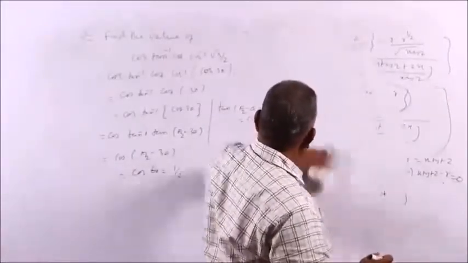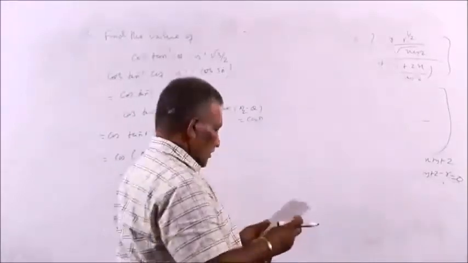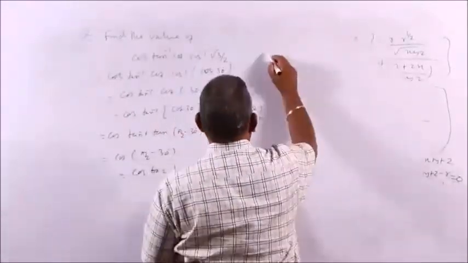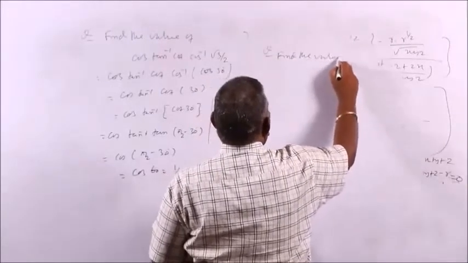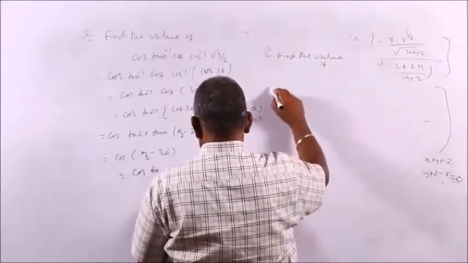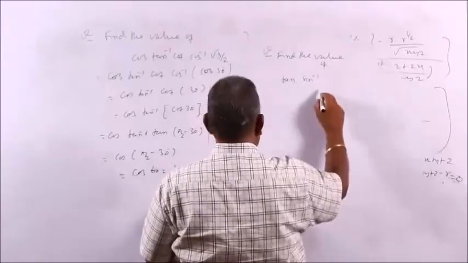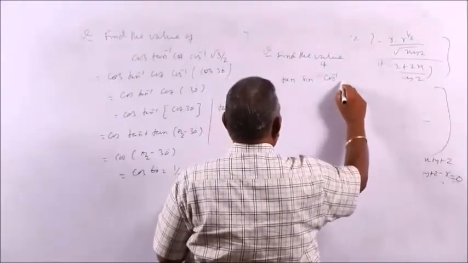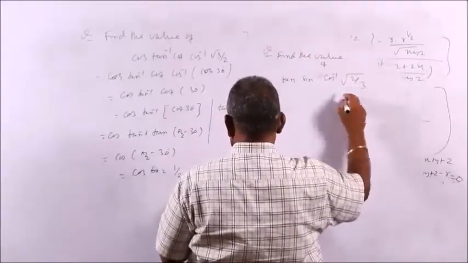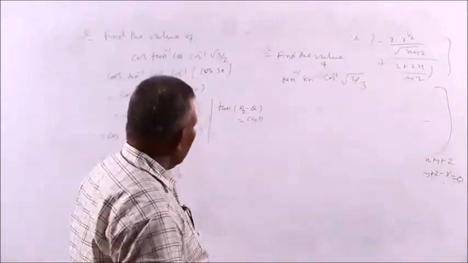Let us see another problem like this. Find the value of tan sine cos inverse root over of 2 by 3. Tan inverse sine cos inverse root over of 2 by 3.